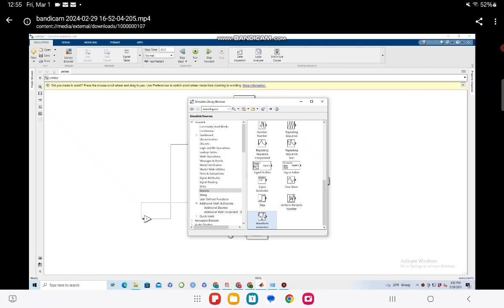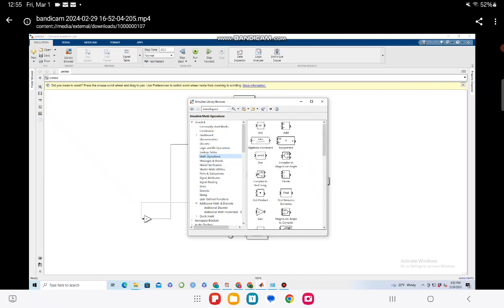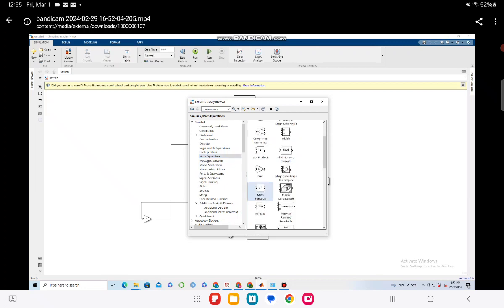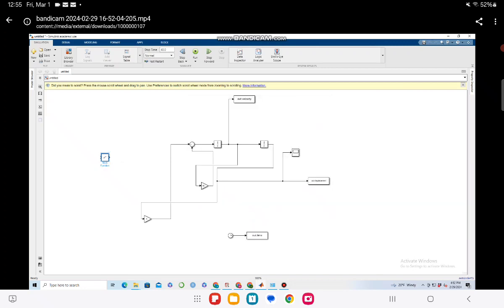We can go to the sources and find a sine wave, down here in the sources. We can also find the other functions that we were interested in, like the e to the minus 0.1t function.